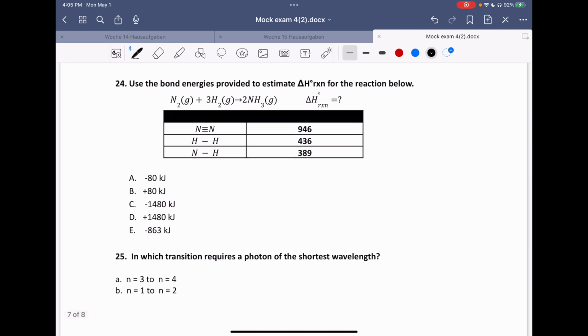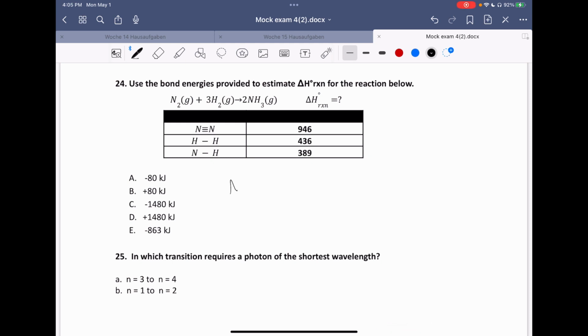All right, use the bond energies provided to estimate delta H of reaction for the reaction below. These are kind of tedious, but you just need to draw all the Lewis structures for all of these.